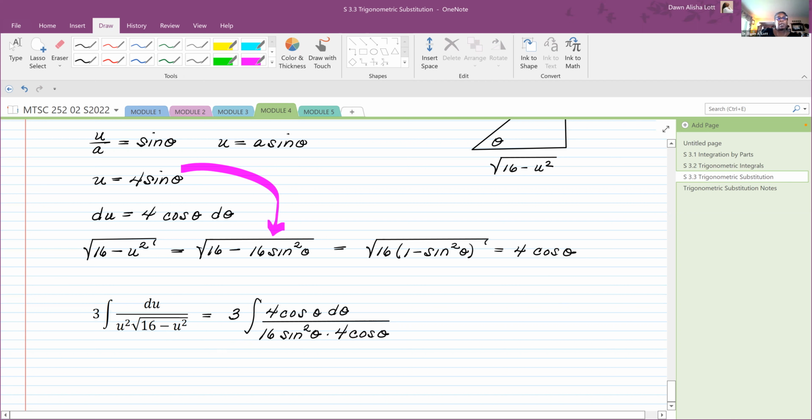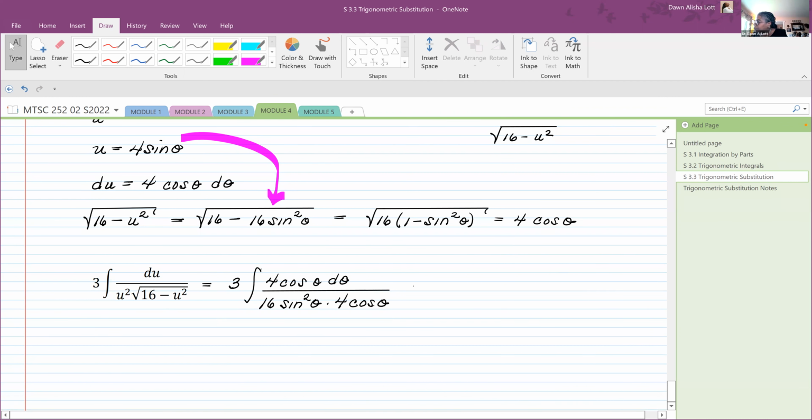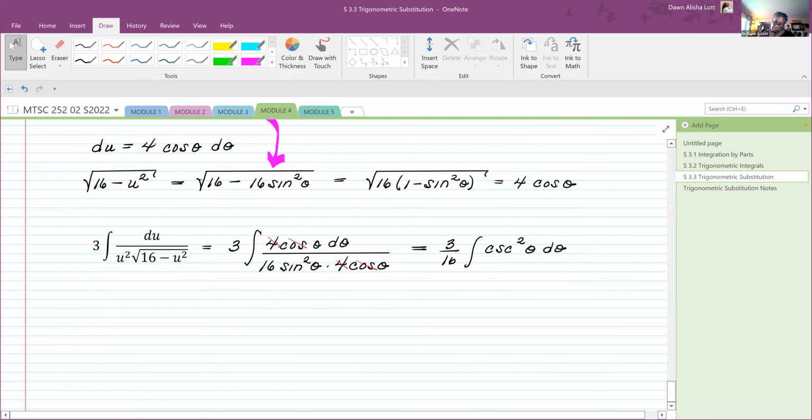And so now in my integral, my 4s divide out, my cosine thetas divide out. I get 3 over 16 times the integral, and sine squared in the denominator is cosecant squared in the numerator. How do you integrate cosecant squared?